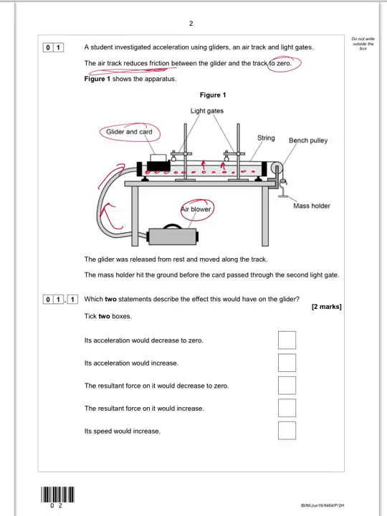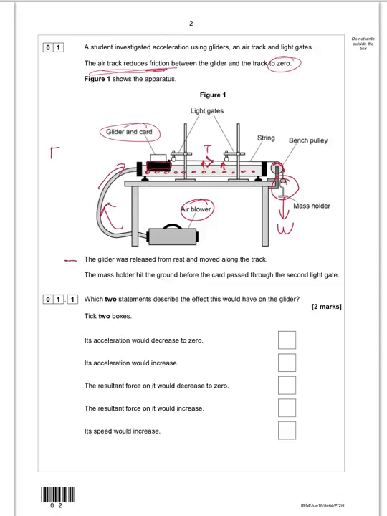Okay, so it says that the glider is released from rest and moves along the track. If you have a look at the setup, you've got a mass here. That mass has got a weight that acts downwards. Because the string is over a pulley, there will be a tension in that string, providing a force to the right that pulls the glider to the right.